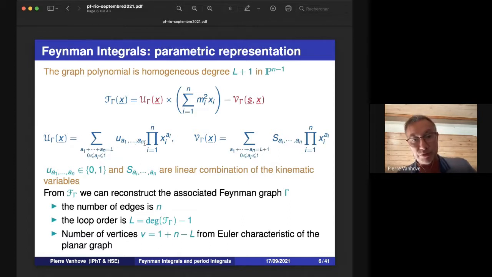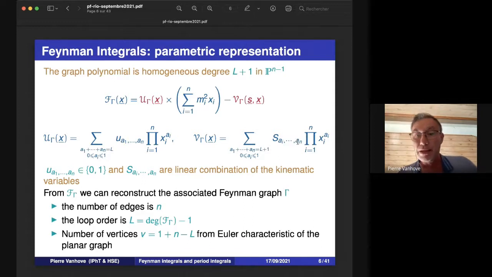First you have something with no parameter. There are parameters in this hyperplane. And then there is the piece V gamma, again homogeneous of degree L plus 1, but with non-trivial coefficients.